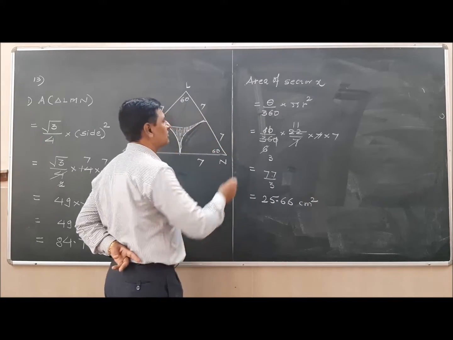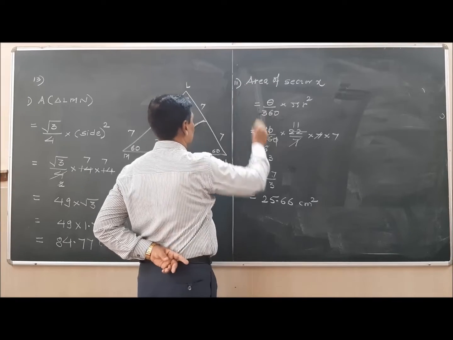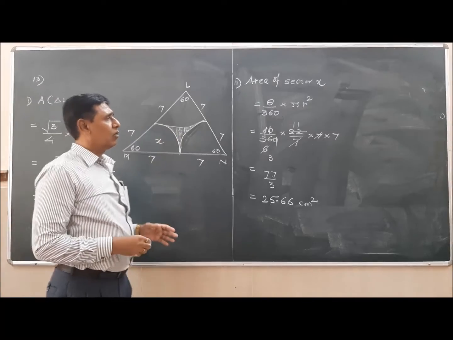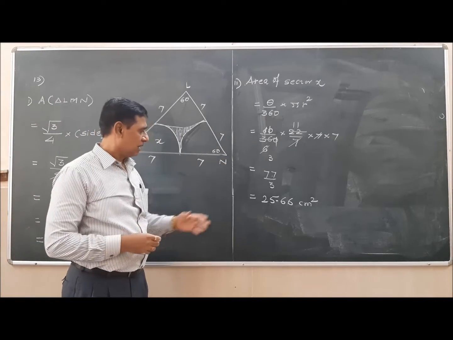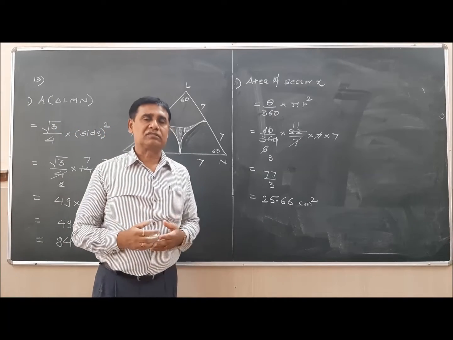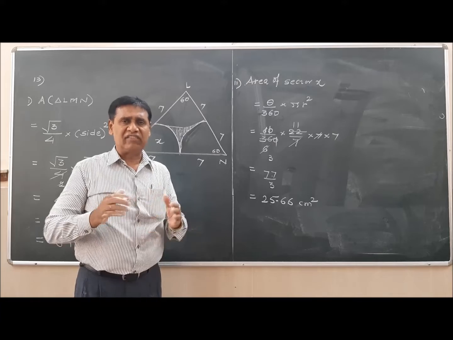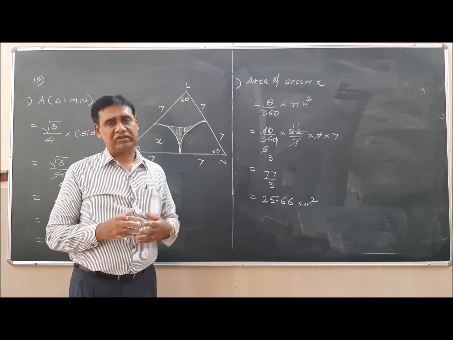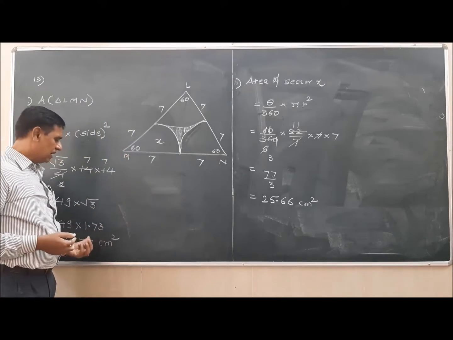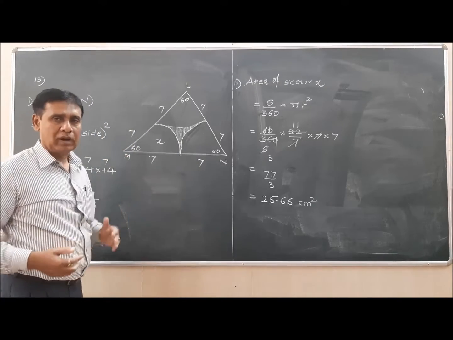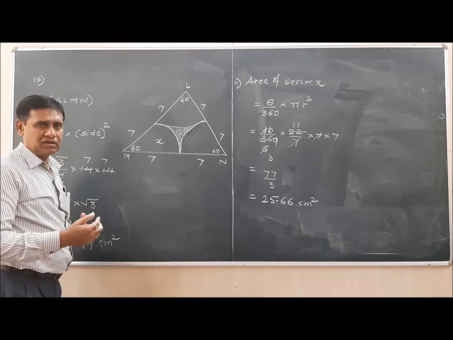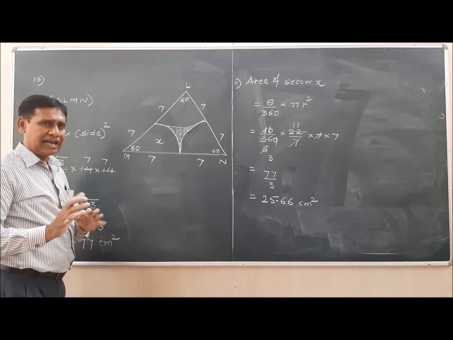This is the answer of the second one. Find out the area of any one of these sectors, and I got it as 25.66. Please note, dear students, that here there is a flexibility of the decimal points, because if I take the value of root 3 as 1.732 and multiply, I make it 84.78 or 84.87, that differs.